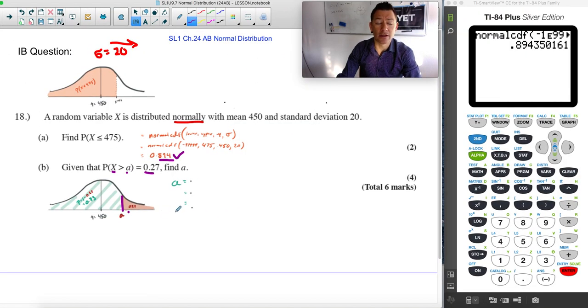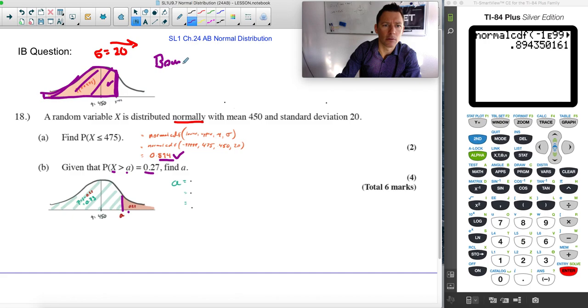We want to use inverse normal. Inverse normal, like in this first part, we asked it for 2 bounds. We said this bound, and it filled in for us and gave us the area. So we gave it bounds, and it gave us the area, or the probability, whichever one you want to think about, right?